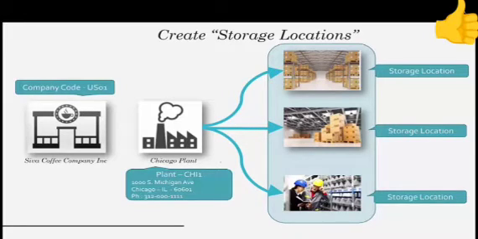We said that we could be storing coffee beans in one storage location, bakery goods in one storage location, raw materials in another storage location, or we could be storing all of them in a couple of suburbs, one in Naperville, one in Schaumburg, one in Lincoln Park. These are all examples of storage locations. Think of a storage location like a warehouse. So we have to create warehouses for this plant.